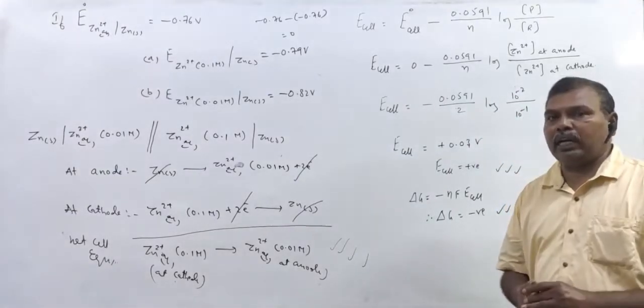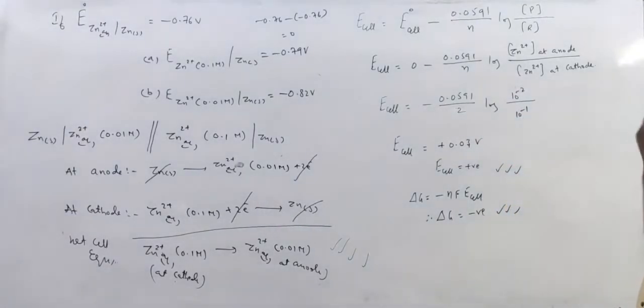So we have to change the electrodes. Remember that whenever EMF of the cell is negative, the cell does not work. Whenever EMF of the cell is positive, the cell works and produces electrical energy. Whenever EMF of the cell is zero, it means the reaction in the electrochemical cell reaches equilibrium state.